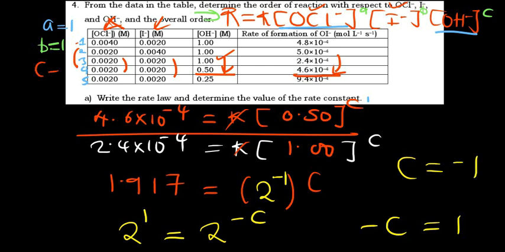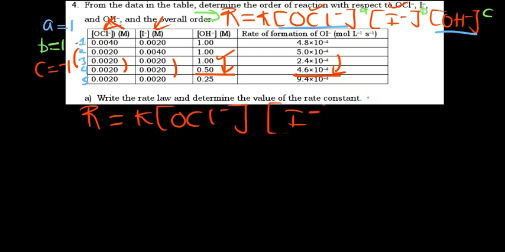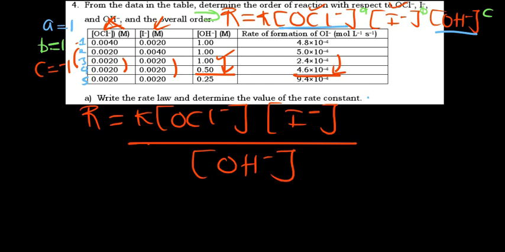So C therefore is equal to negative 1. So therefore, the rate law becomes R is equal to K, first reactant OCl negative, raised to the power 1, iodide to the power 1, and then hydroxide to the power negative 1 can be on the bottom with a positive power. So this is our rate law.